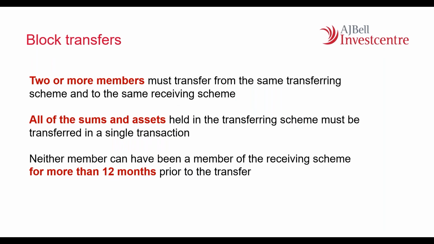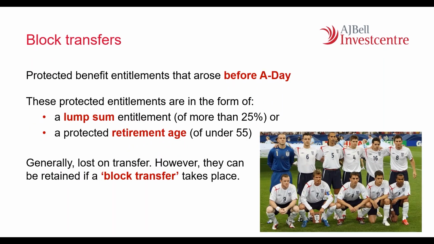Moving on then to block transfers. Actually, I think I might have just skipped, sorry about that, a bit fast there. So when it comes to block transfers, this is for people with scheme-specific entitlements to protected benefits that arose before A-Day.